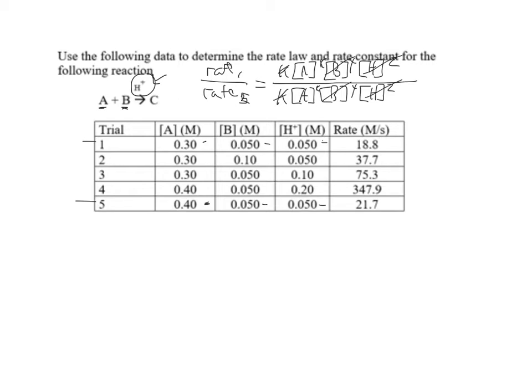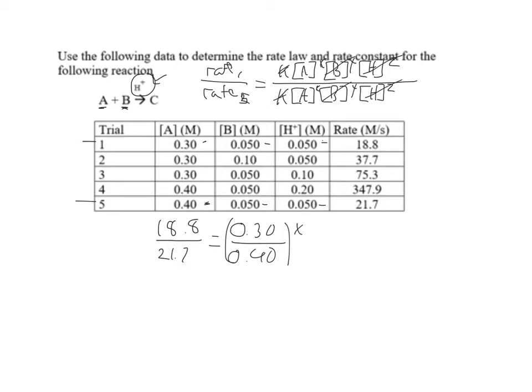And we can substitute, and we would say that 18.8, and I'm going to leave out units, but there'd be molar per second, divided by the rate 5, which is 21.7 molar per second, is equal to the concentration of A in trial 1, which is 0.30 molar, over the concentration of A in trial 5, 0.40 molar, and this should be all raised to our power of X.